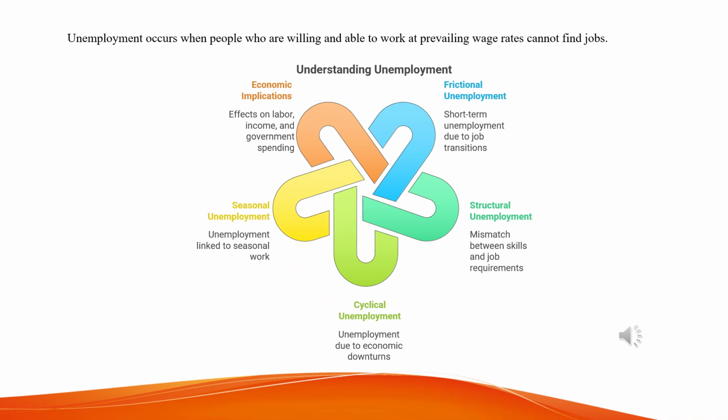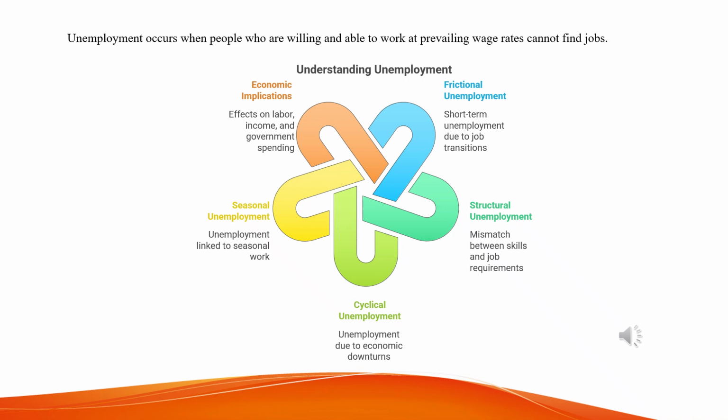Next, the other unemployments are technological. It happens when technological advancements replace workers in certain roles, leading to job losses. Disguised unemployment is a situation where more workers are employed than are actually needed.